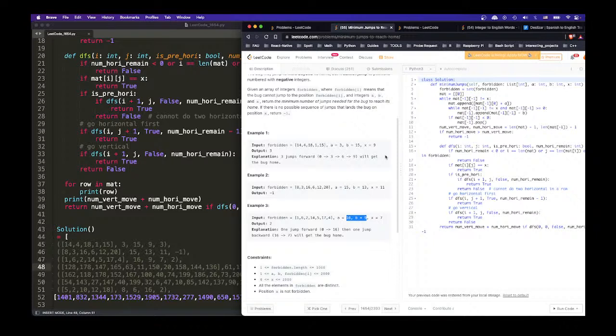Still no clue. Find the next target. Just keep going, right?